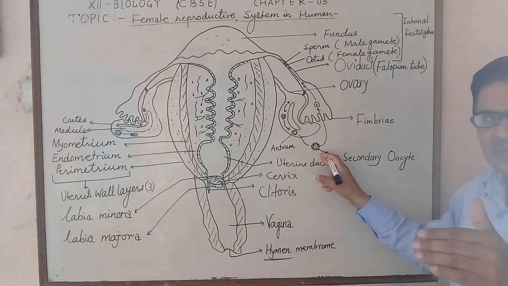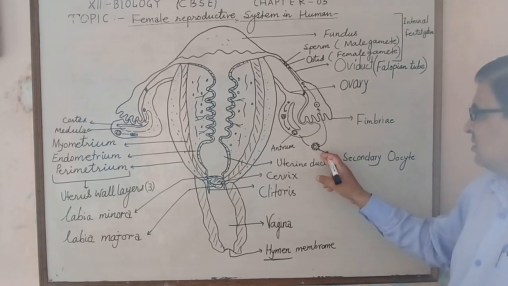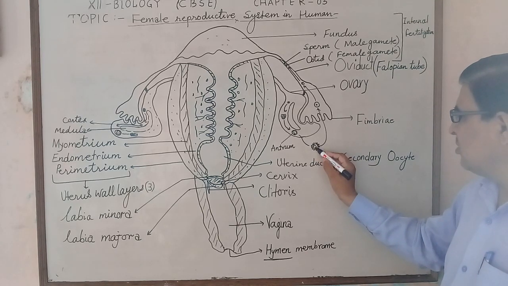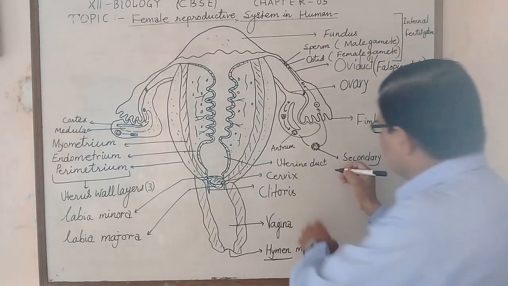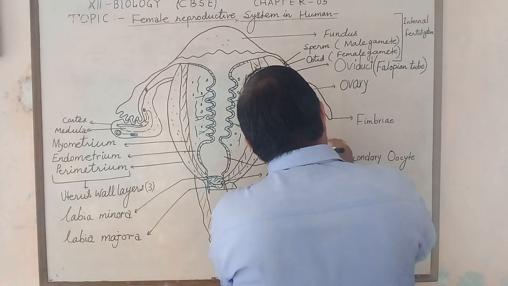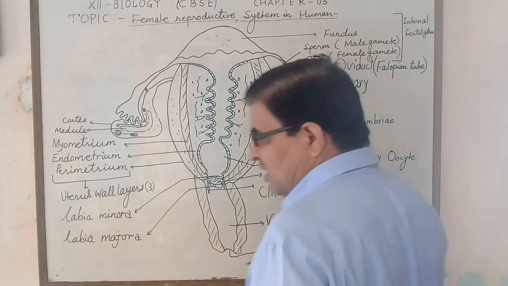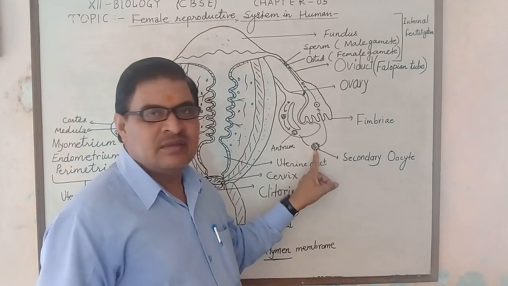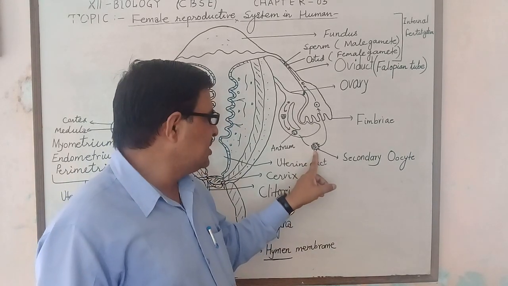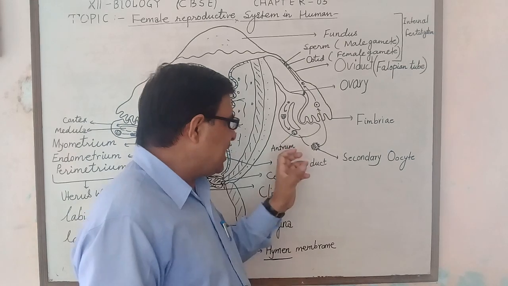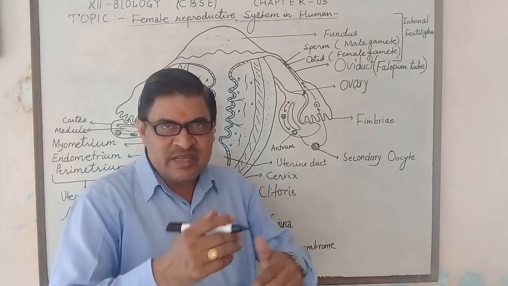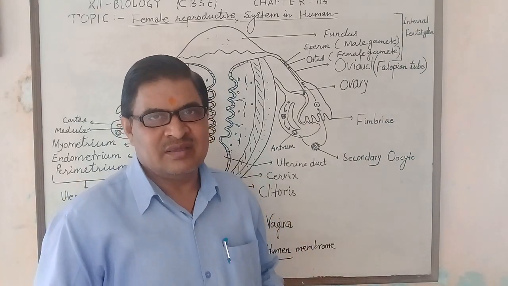Below it, an acellular structure, the zona pellucida, is present, which contains the secondary oocyte. One small cell is called the first polar body and the large cell is the secondary oocyte, so unequal division occurs.